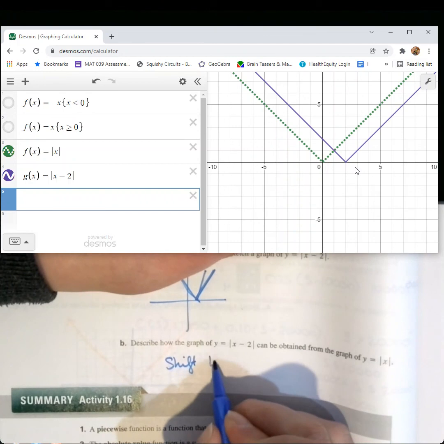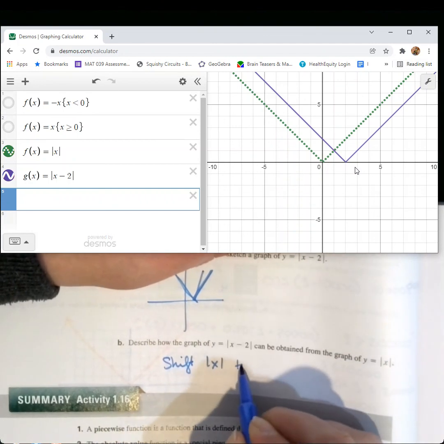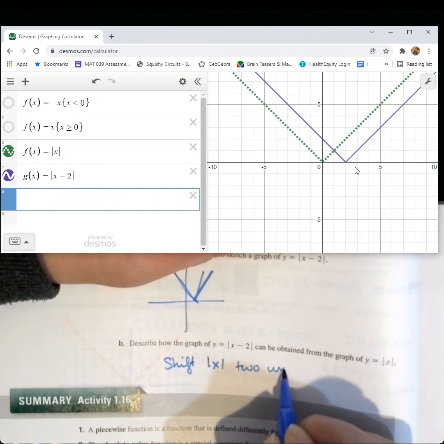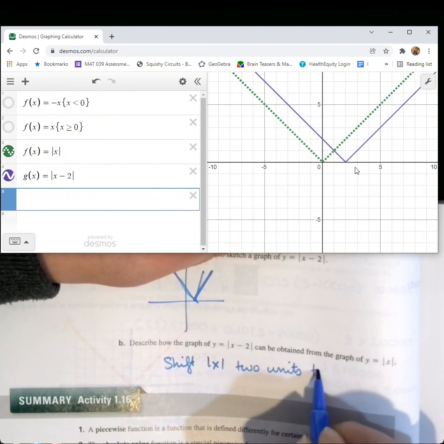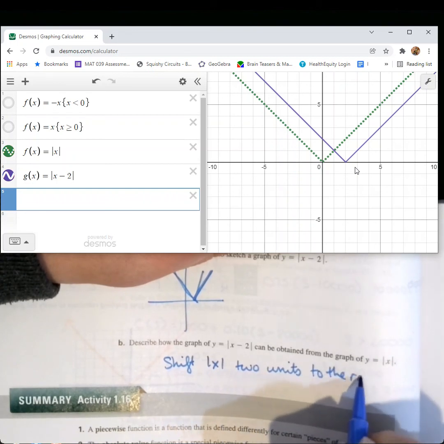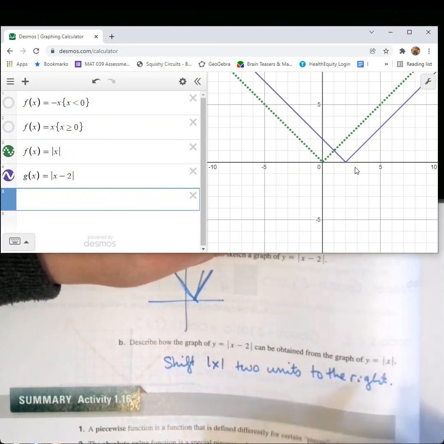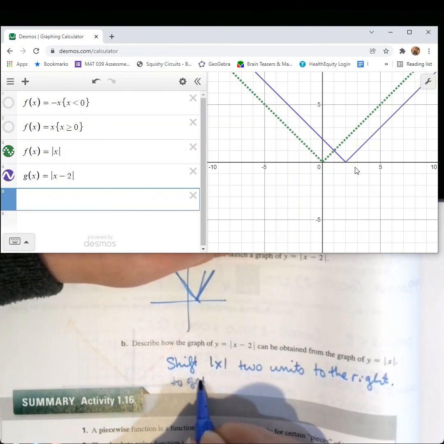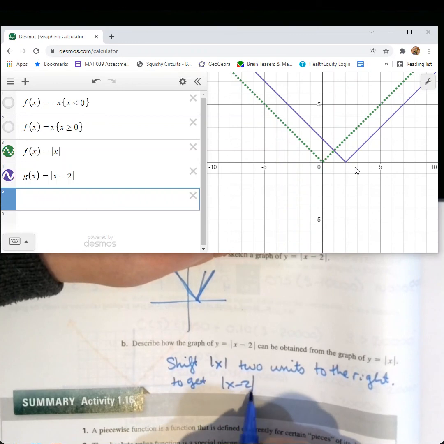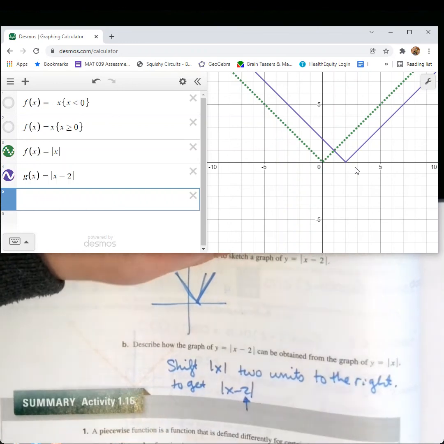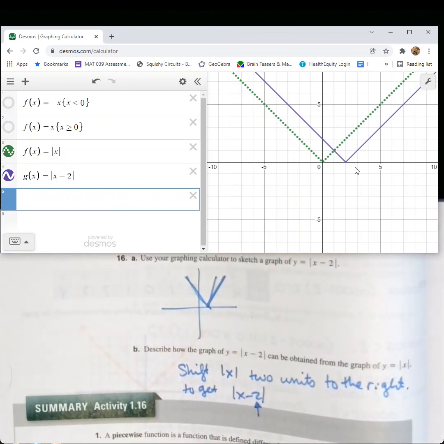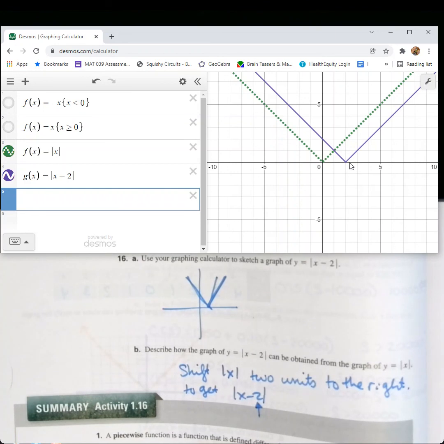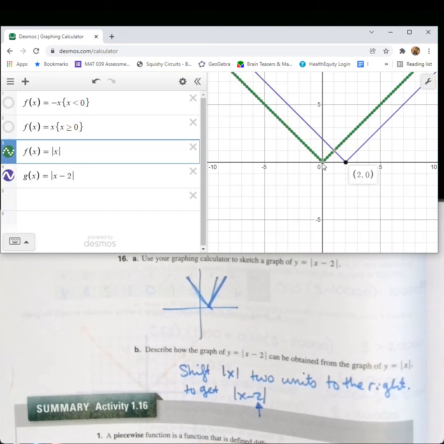So shift the absolute value of x 2 units right to get the absolute value of x minus 2. And it's 2 units because 2 is the value on the inside, and also because you can click and see that you went from a base of 0 to a base of 2, so it's 2 units over, but the 2 does come from the 2 in the function.